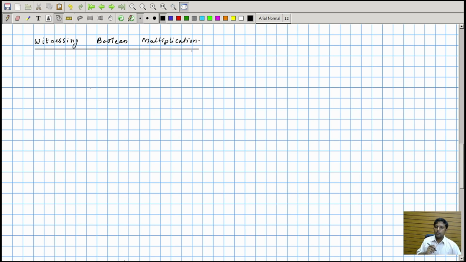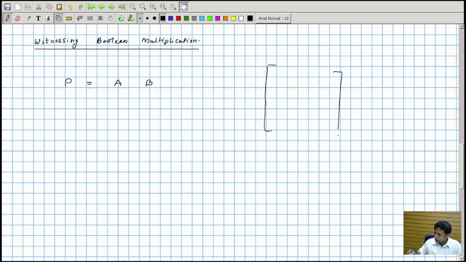First we will understand this problem and then we will think about the relevance of this problem to all pair shortest paths. So let us look at a matrix P which is a product of two Boolean matrices A and B.